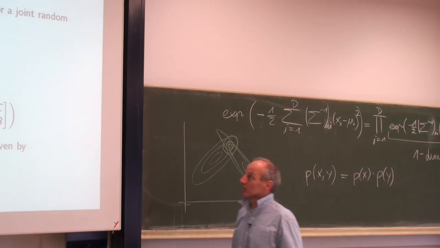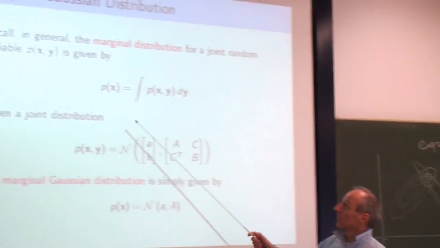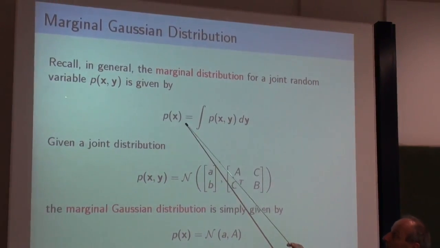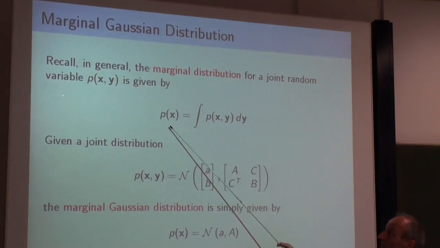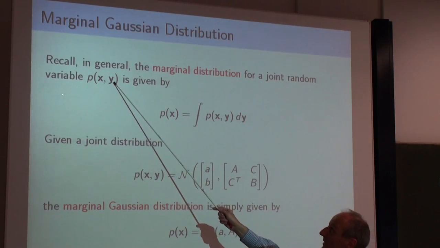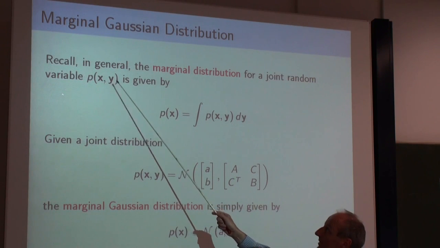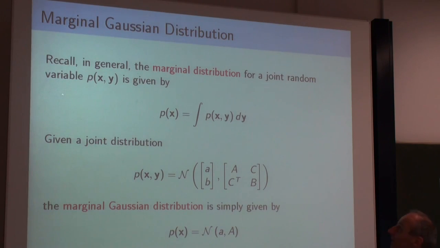In the discrete case, we get the marginal distribution. We have 2 variables x and y, or even 2 vectors x and y. And then we project onto a subspace, onto x.